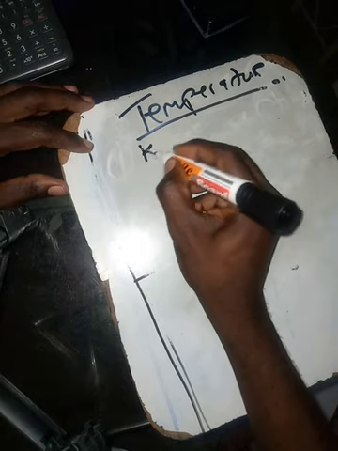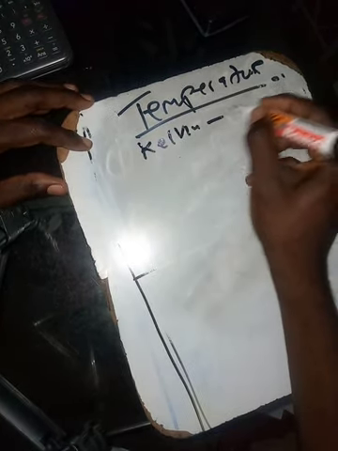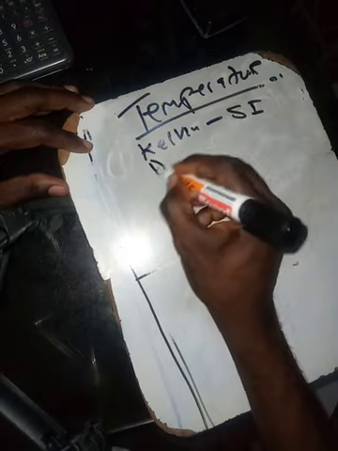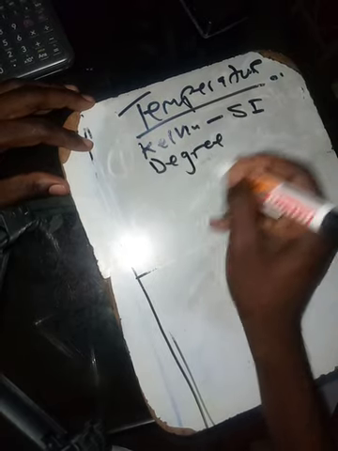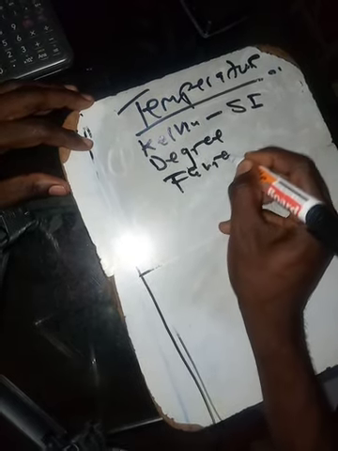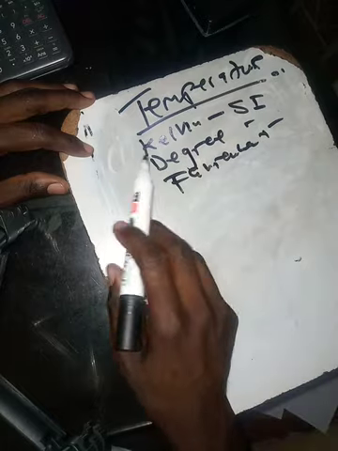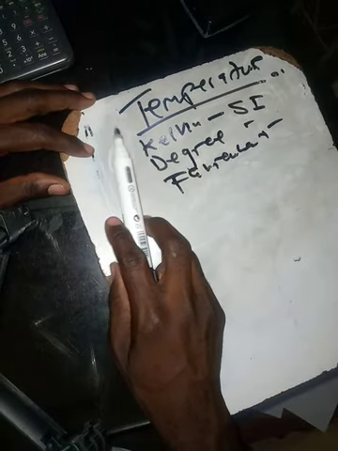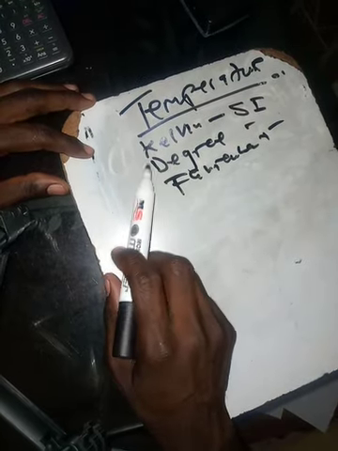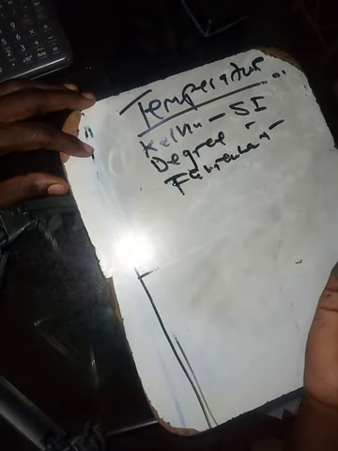We have Kelvin as the SI unit, then degrees Celsius, and lastly Fahrenheit. As a first-year student, you have to know how to convert from degrees Celsius to Kelvin and vice versa, then also degrees Celsius to Fahrenheit.